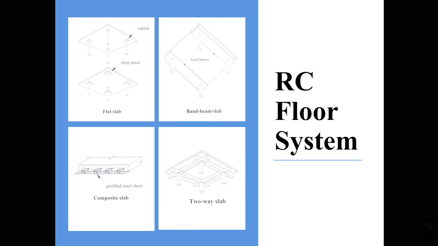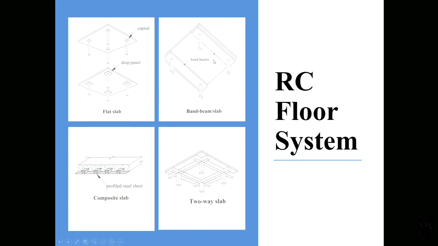The next one is a composite slab. So sometimes the formworks are made of timber. Sometimes they put some steel like this. Rather than putting reinforced bars, they put steel plates or sheets underneath.